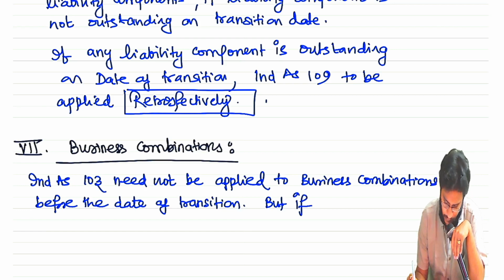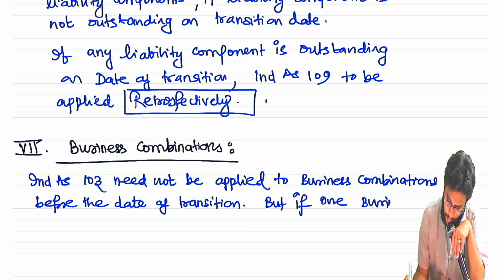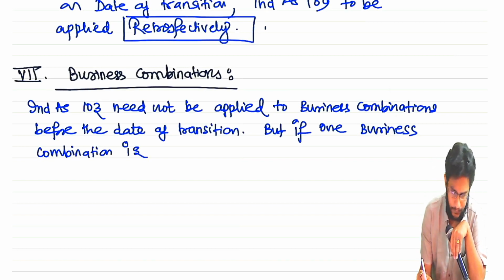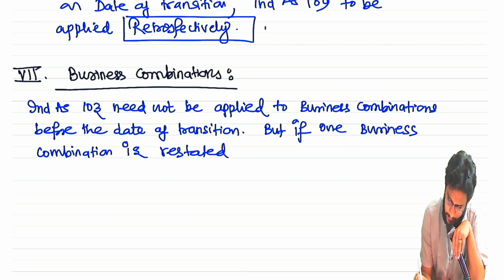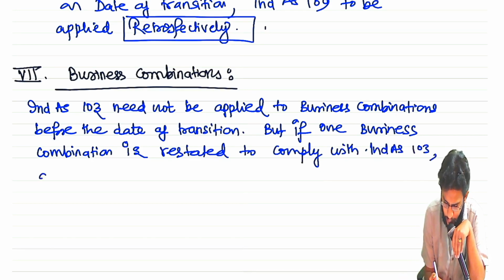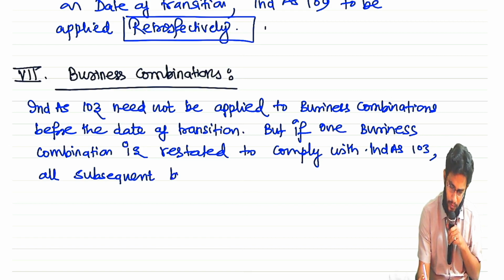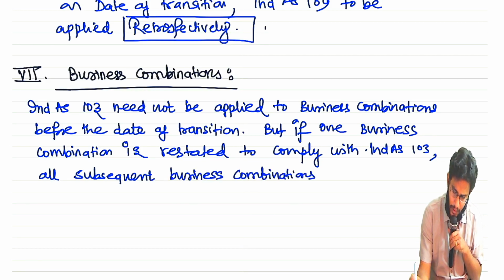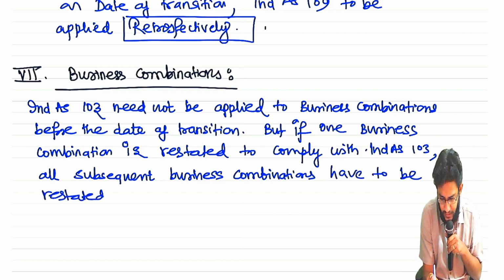But if one business combination is restated to comply with Ind AS 103, all subsequent business combinations have to be restated.